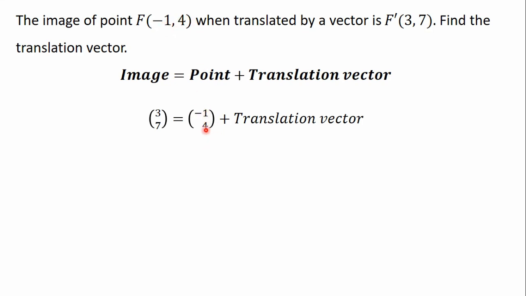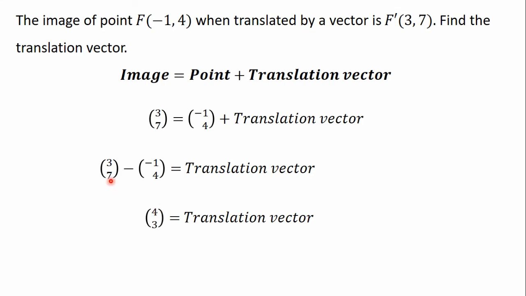So 3, 7 is equal to -1, 4 plus the translation vector. We do our small change of subject here, and we have 3, 7 minus -1, 4. 3 minus -1 gives us 4. 7 minus 4 gives us 3. It means that the translation vector is 4, 3.